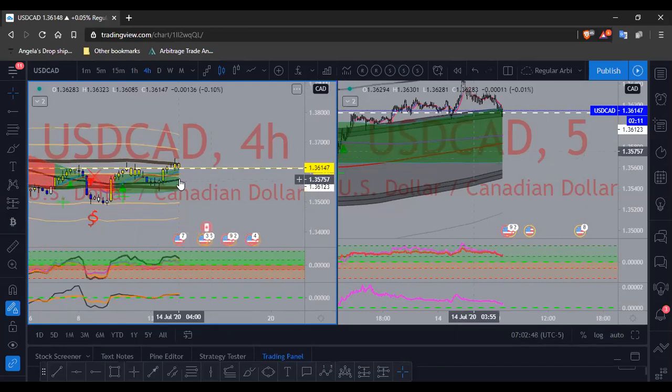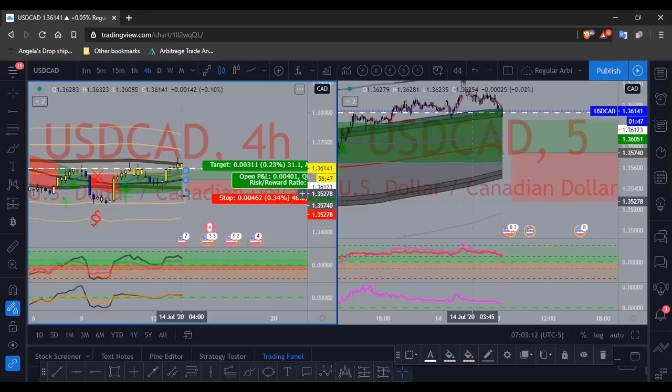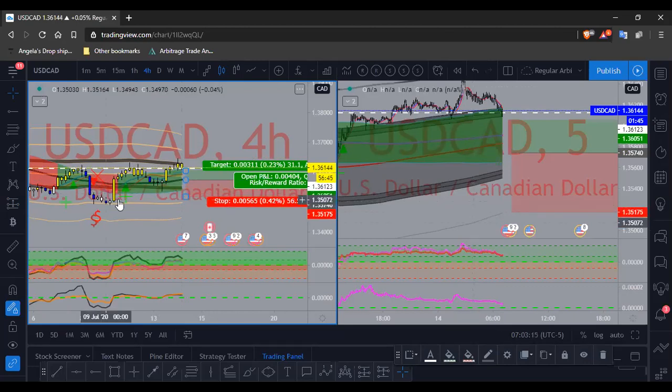So in 1.374, it happens to be at the 4-hour RSI line as well. So that, again, this is my ideal buy position for UCAD. If you want to get into a swing, then I would suggest risking about 50 pips, which will be back down to these lows, 56 pips, I guess.